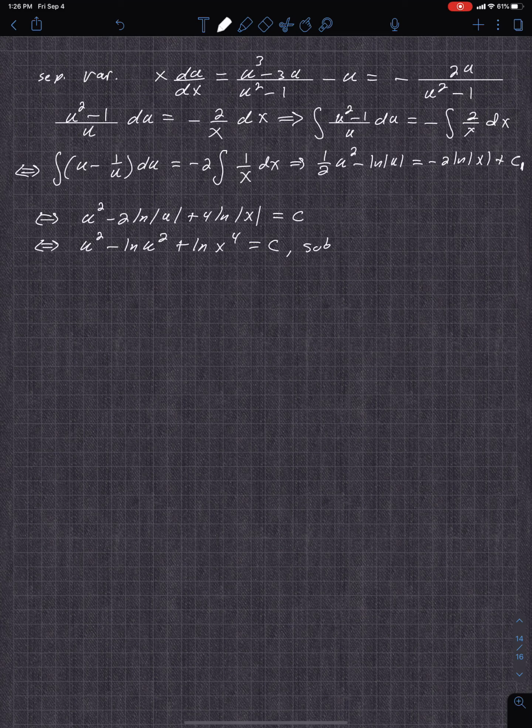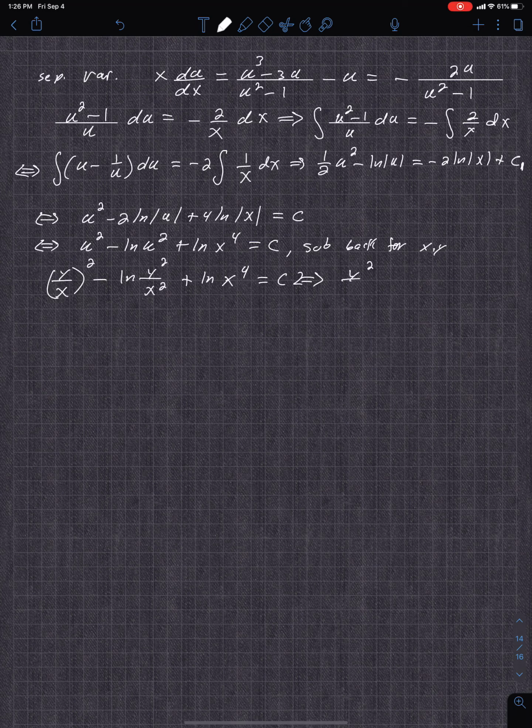Now you want to substitute back for x and y. You get the idea. So you substitute back, and you have y over x squared minus ln y squared over x squared plus ln x to the 4th equal to c, and then you can continue to simplify.